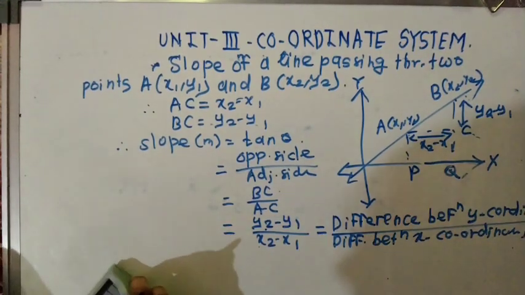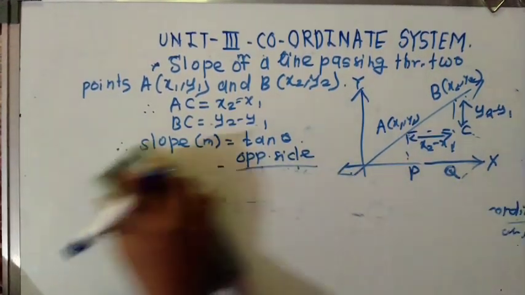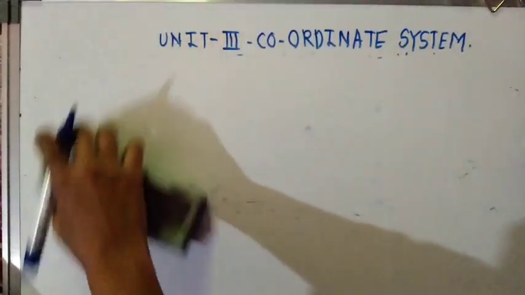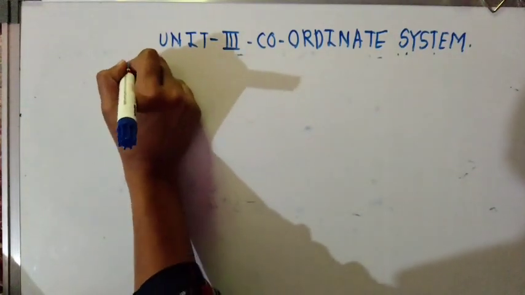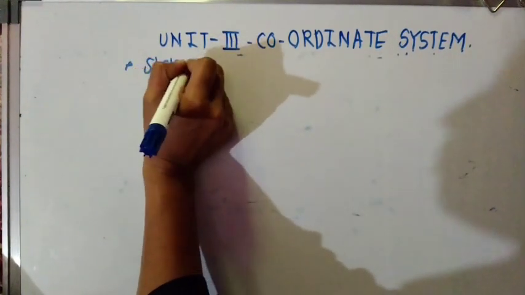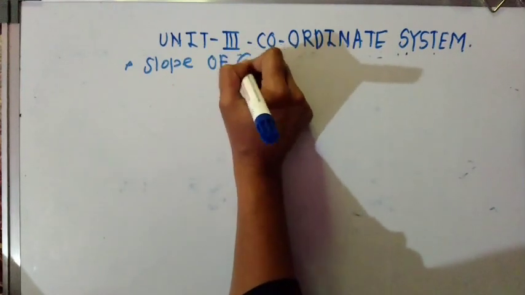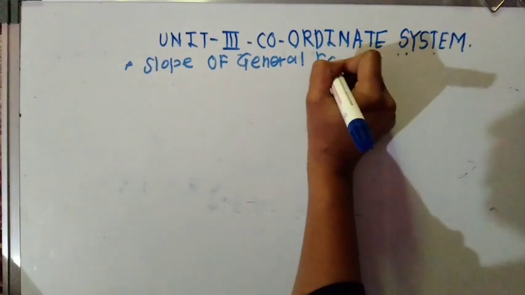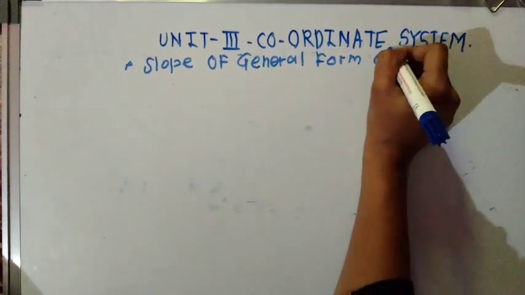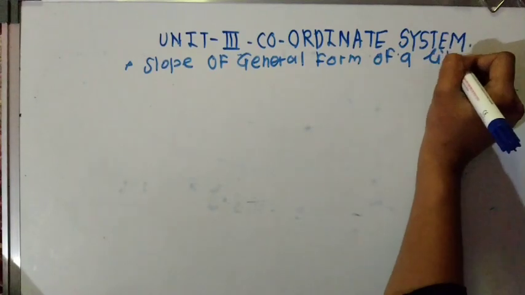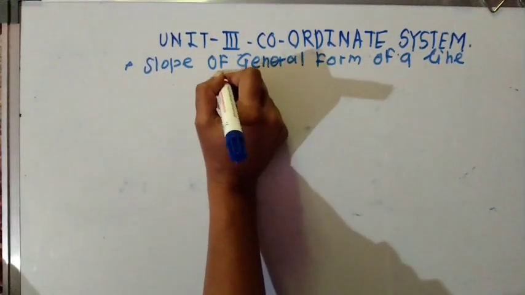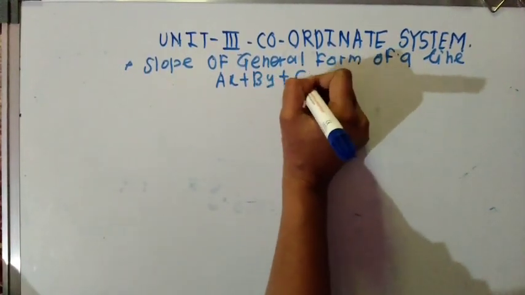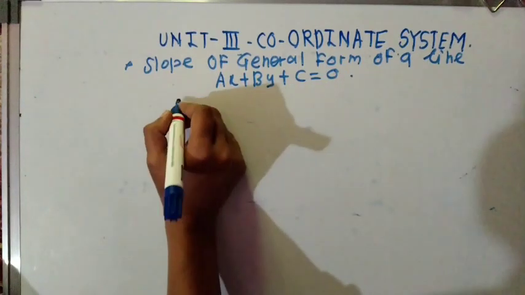Then, after the slope of a line, we give the next point: slope of the general form of a line, ax plus by plus c is equal to 0.